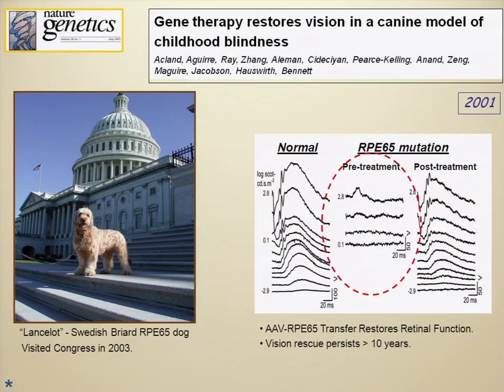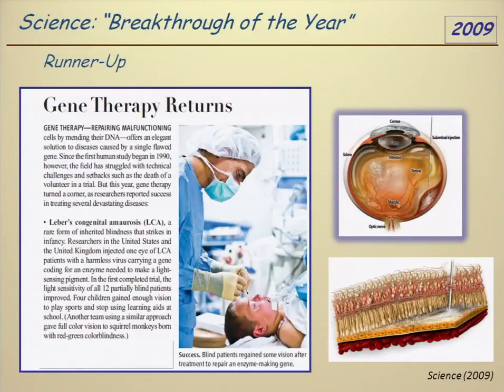Well, from 2001, it was just a major step, but only a few years before gene therapy was done for kids who had LCA from RPE65. And that was recognized by Science magazine a year later in 2009 as a seminal event in science and medicine.